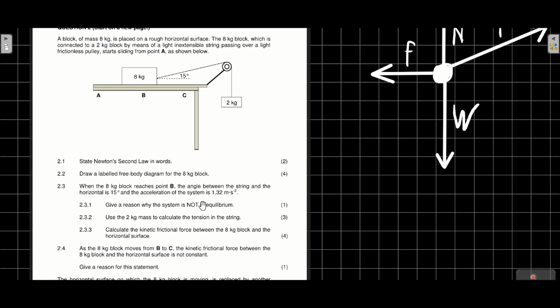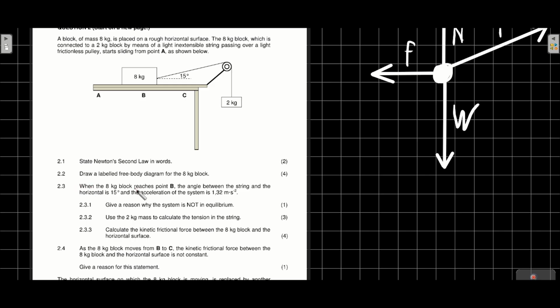If a system is in equilibrium, that means your F net, which is your sum of forces, will equal 0, which means there is no acceleration. So A equals 0, that's why F net equals 0, which means your object is either moving at a constant velocity or not moving at all.